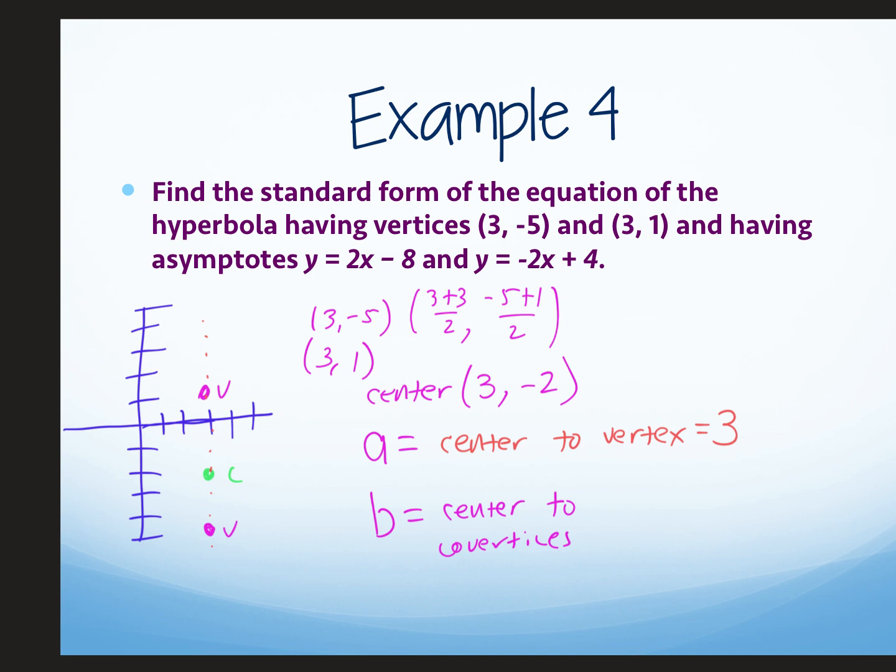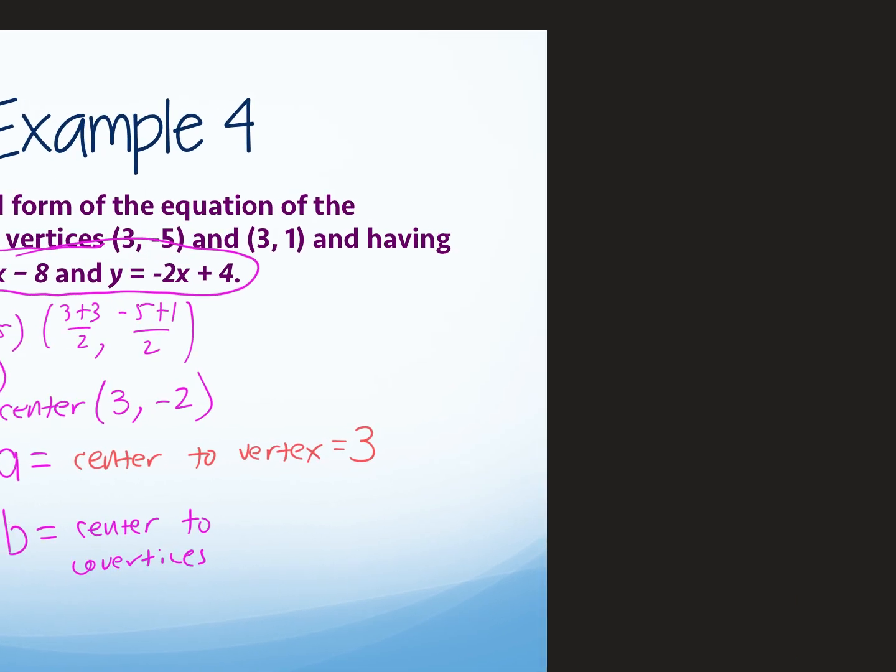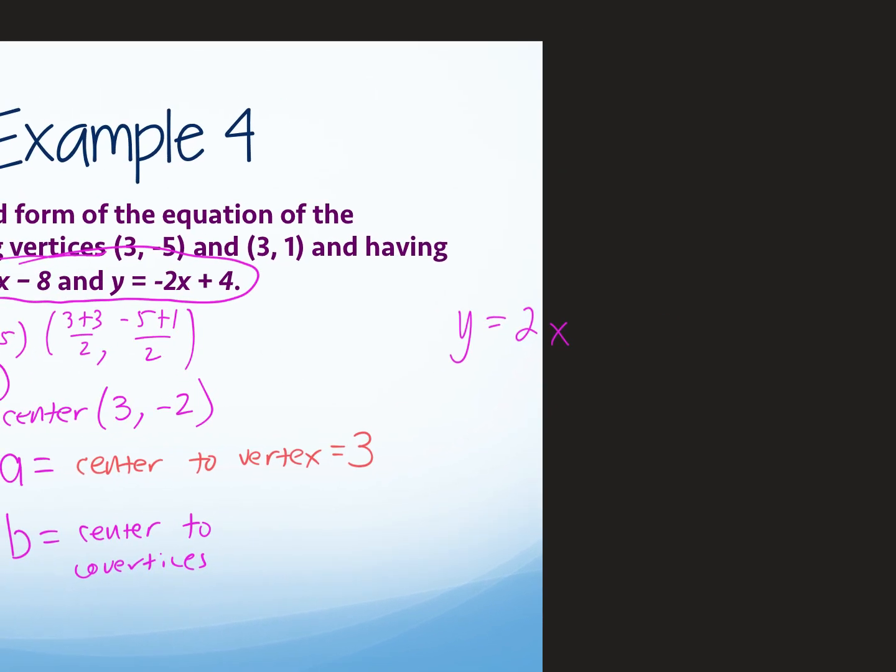I have the H, the K, and the A. The one thing I'm missing is the B. But they gave me a piece of information that is super important: the equations of the asymptotes. They told me one of the asymptotes is y equals 2x minus 8, and one of them is -2x plus 4.